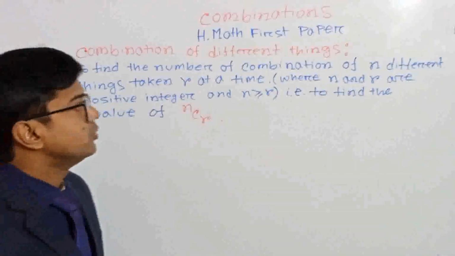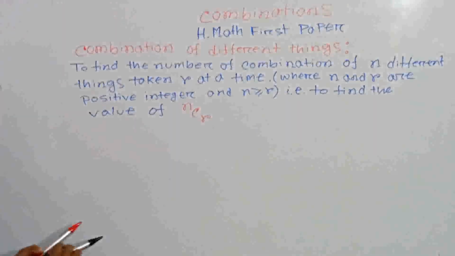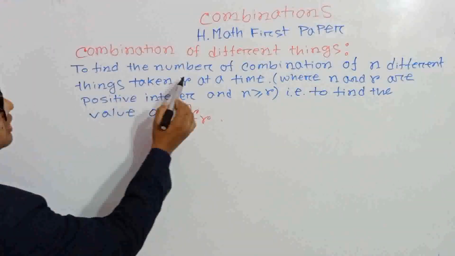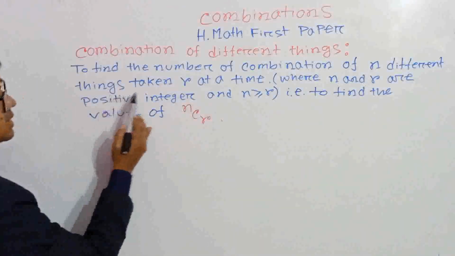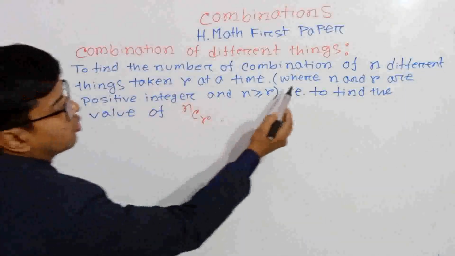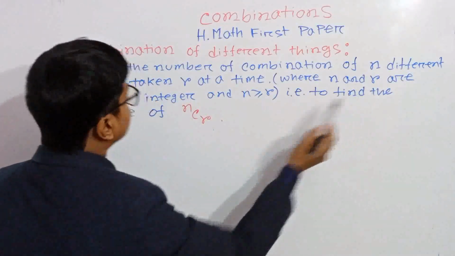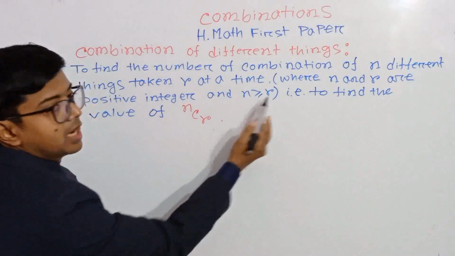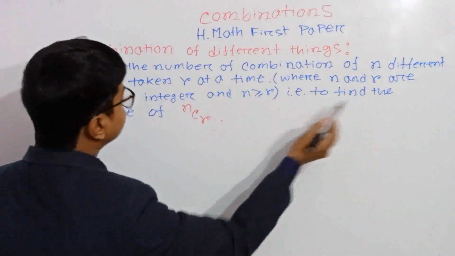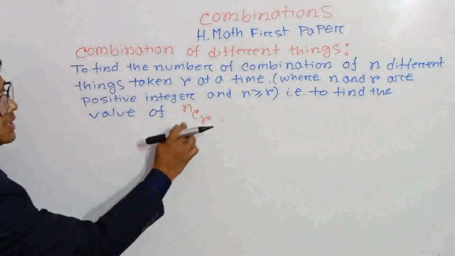Now, combination of different things. To find the number of combinations of n different things taken r at a time, where n and r are positive integers and n is greater than or equal to r, that is to find the value of nCr.